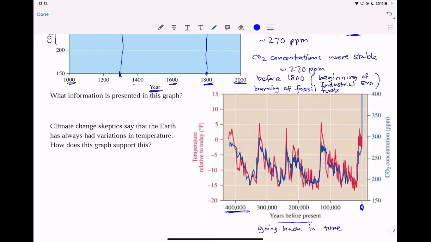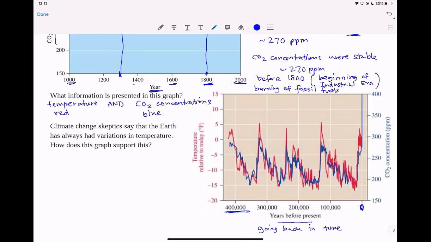This shows temperature in addition to carbon dioxide concentrations. So we have the temperature in red and the carbon dioxide concentrations in blue, and that's why this graph looks a little more complicated.